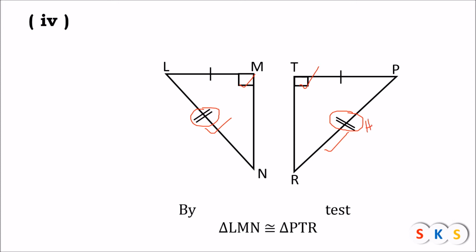So the hypotenuse of both the triangles are congruent to each other, because of that identical mark. And here side LM is congruent to side TP. Therefore, these two triangles are congruent by hypotenuse side test.